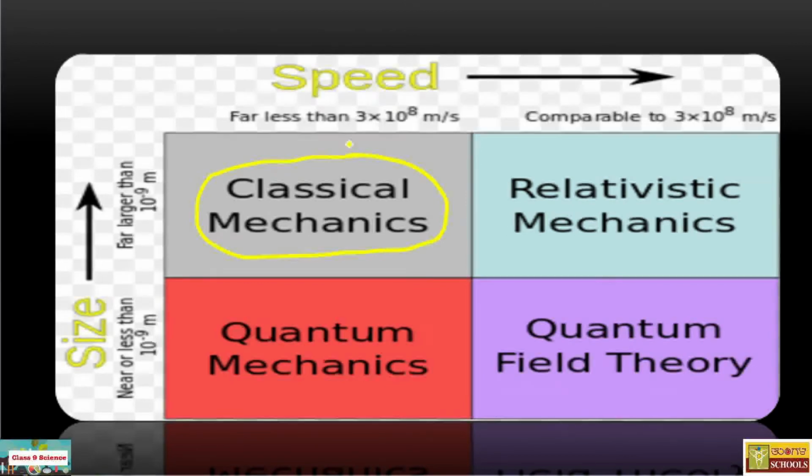If you want to learn relativistic mechanics and quantum mechanics, you have to confirm that your basis of classical mechanics is firm.